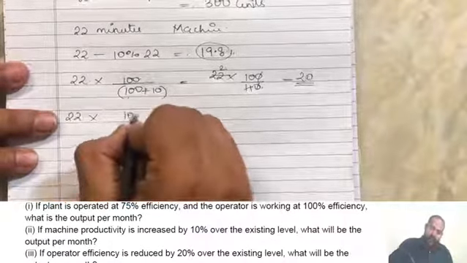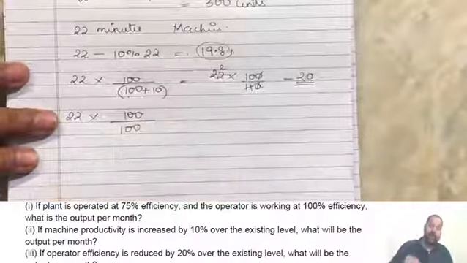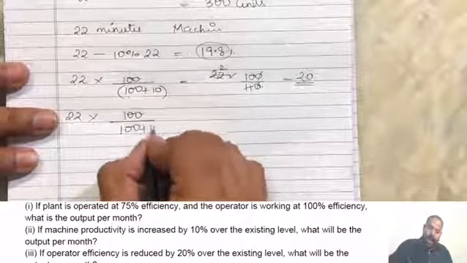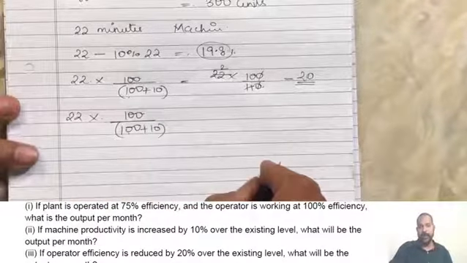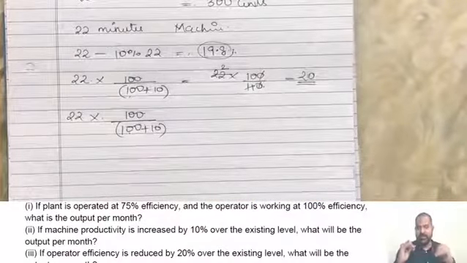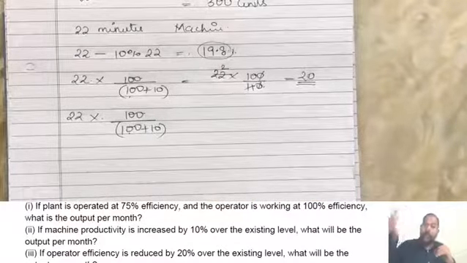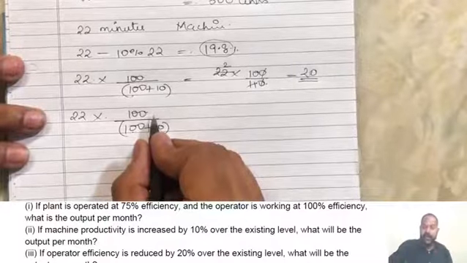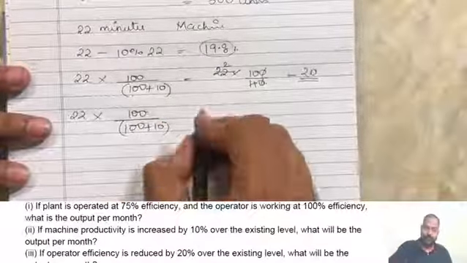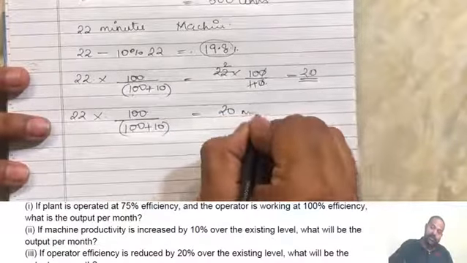And if I have to reduce the 22, write 100 by 100, but to reduce the time, add the reduction in the denominator. So what if I had to decrease efficiency? Well, to decrease efficiency, you would have to increase time. To increase time, inflated by 10%, I would have written the 10% on top. This will become 20 minutes.